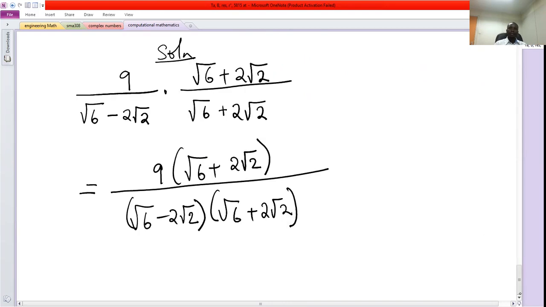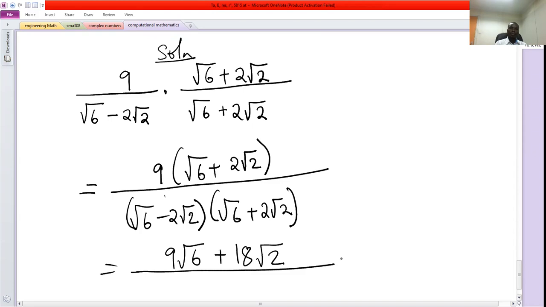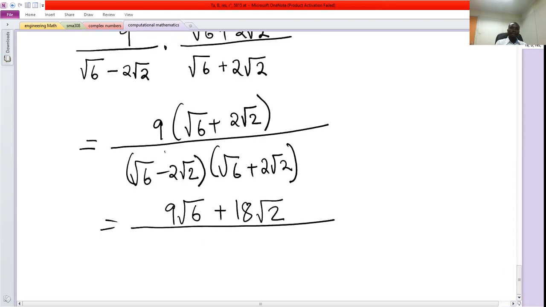And then 9 by root 6 is 9 root 6, plus 9 by 2 root 2 is 18 root 2. Root 6 times root 6 is root 36. Root 6 times 2 root 2, you write 2, and then you multiply the numbers inside the square root sign, so 2 by 6 is 12.